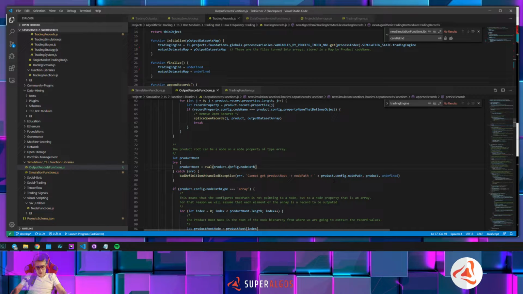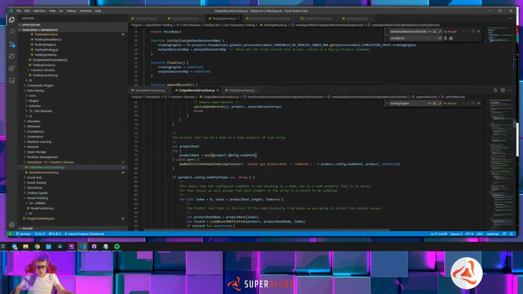Okay, at the configuration of these nodes, it might need the trading engine. Wow.